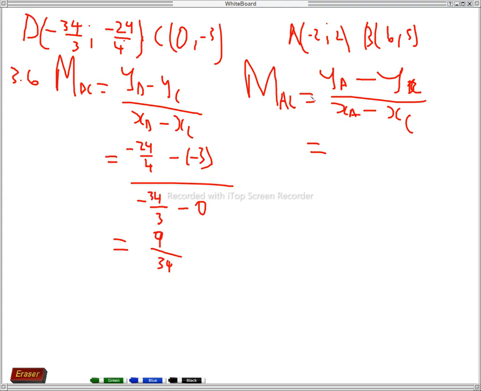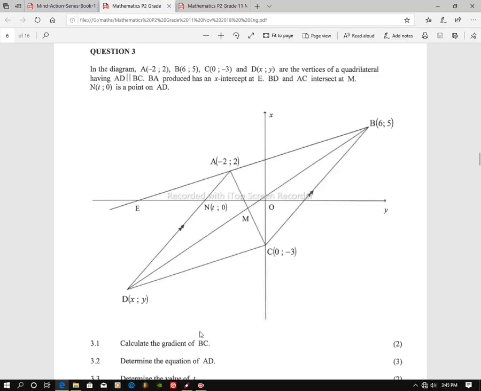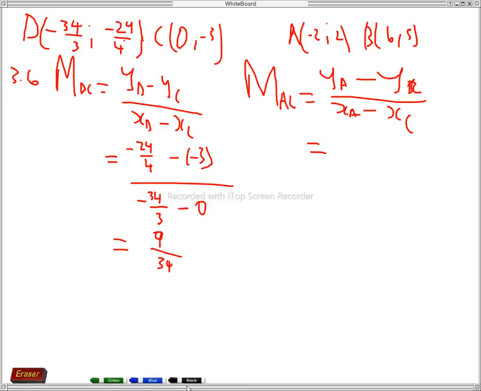Let me confirm my coordinates again. Okay, they are correct. The y coordinate of A is 2 minus the y coordinate of C, which is negative 3, and the x is negative 2 minus 0. Let's just punch this on our calculators.